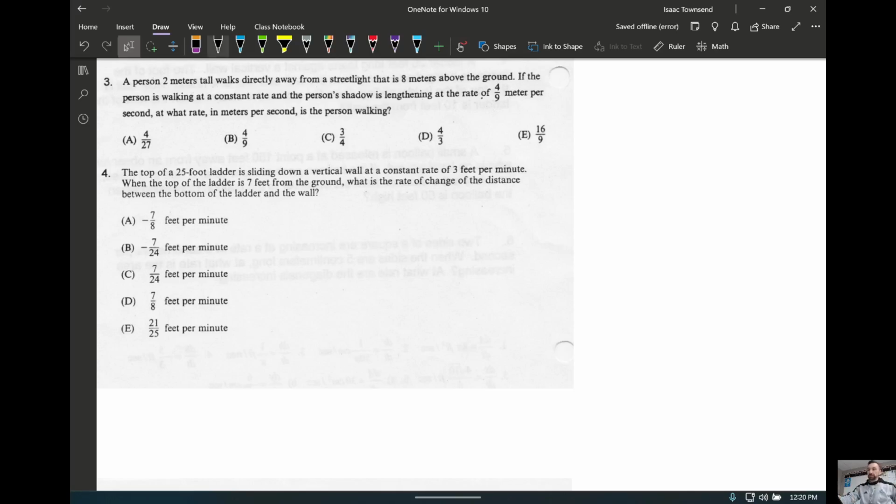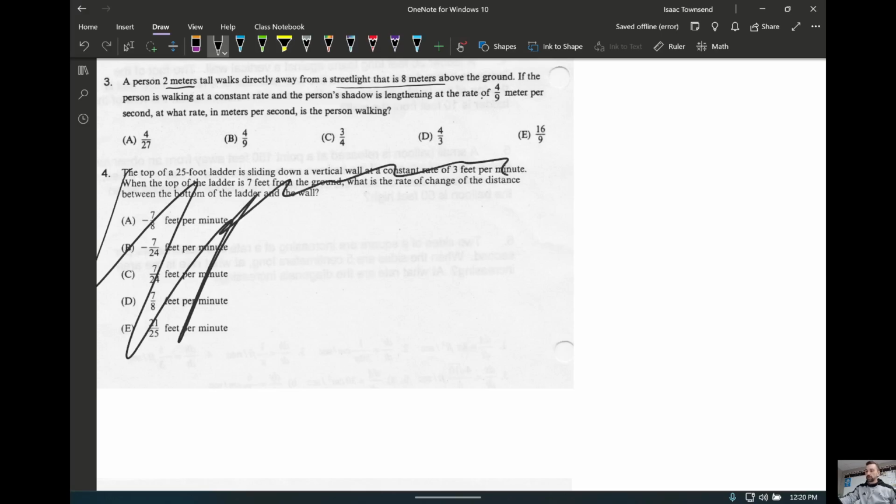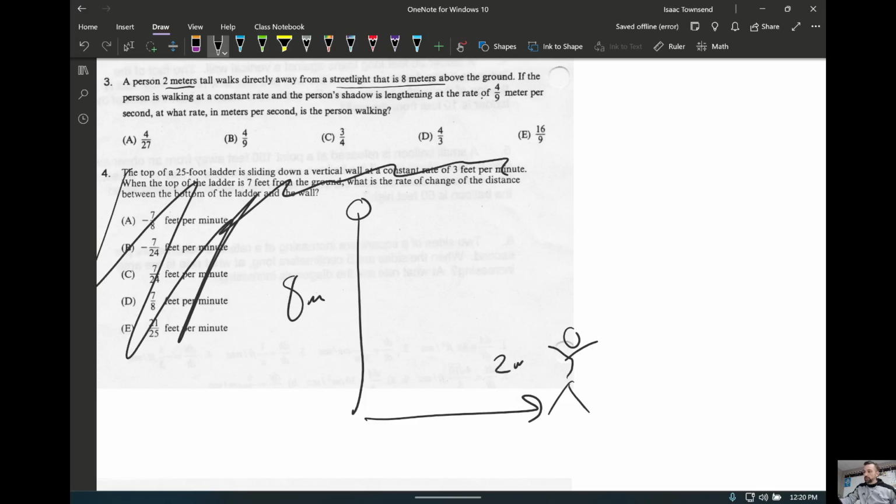So we've got a person who is 2 meters tall, walking away from a street light that is 8 meters above ground. So here's my lamp, light pole, it's 8 meters. We've got somebody walking away from it, or walking this way. They are only 2 meters tall.